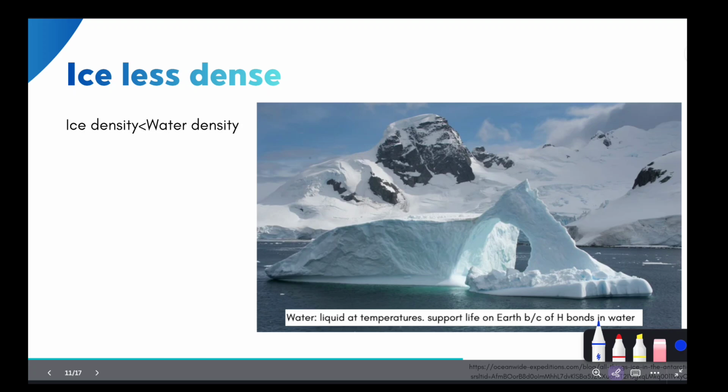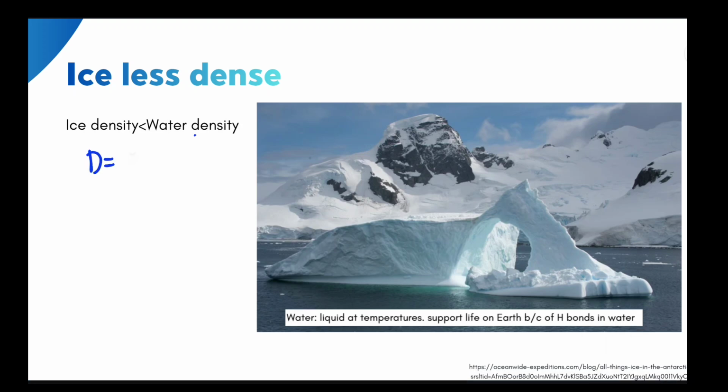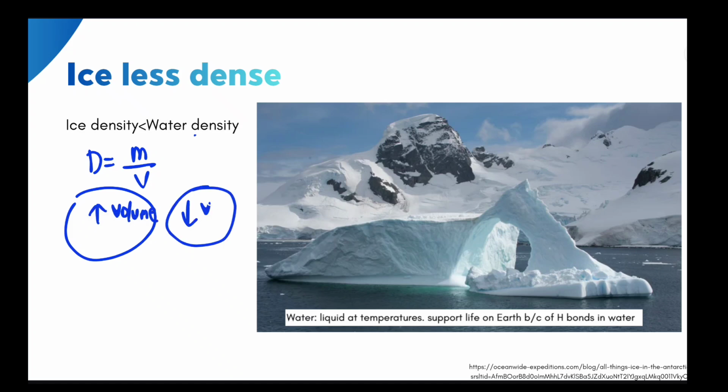Ice density is less than water density. We know that density is mass over volume, and ice usually has a big volume, unlike water which has a small volume.